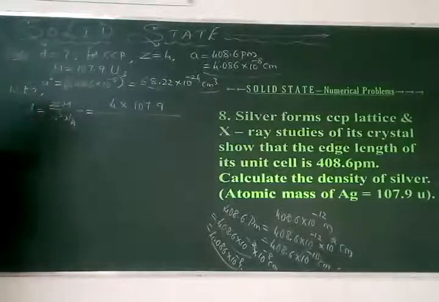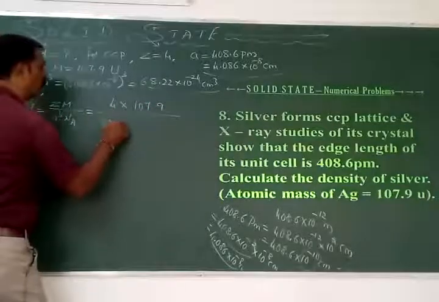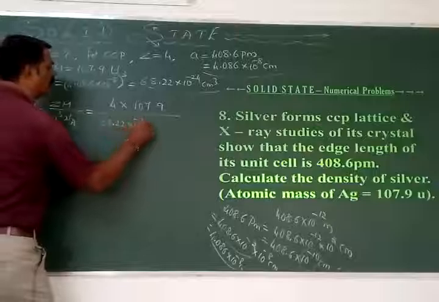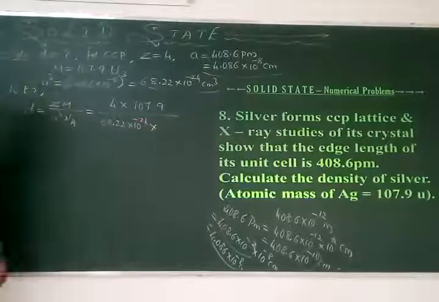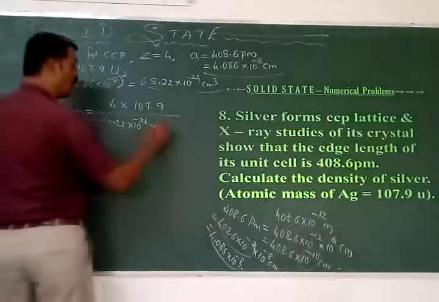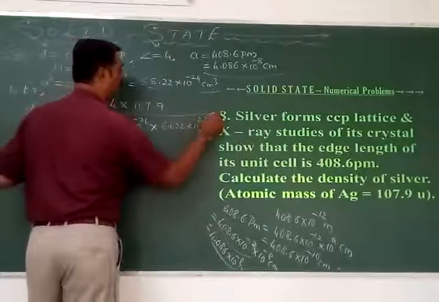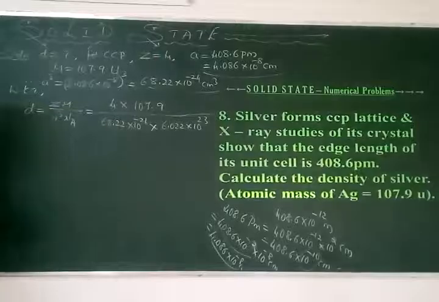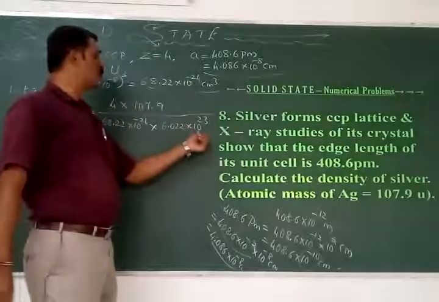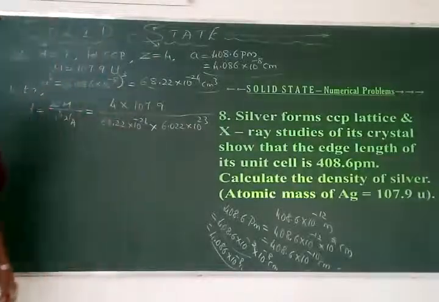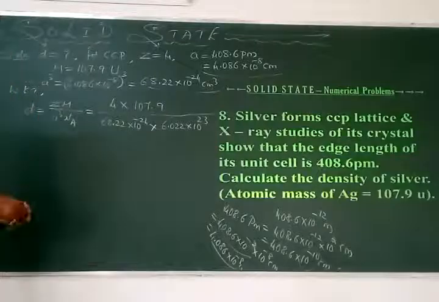Then what is the A cube value that I have calculated here? 68.22 into 10 to the power of minus 24, into the Avogadro number, which is 6.022 into 10 to the power of 23. So 10 to the power of minus 24 and 10 to the power of 23 together means it is just 10 to the power of minus 1.